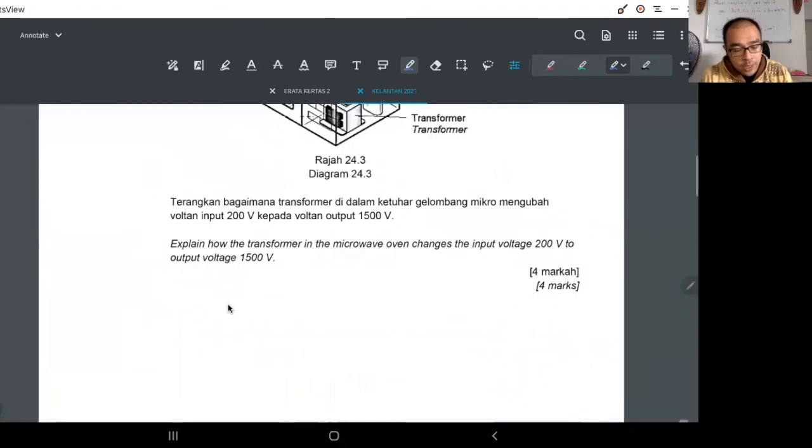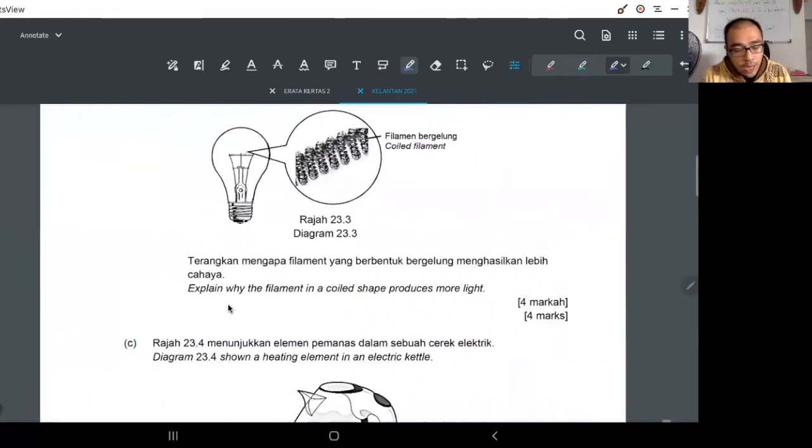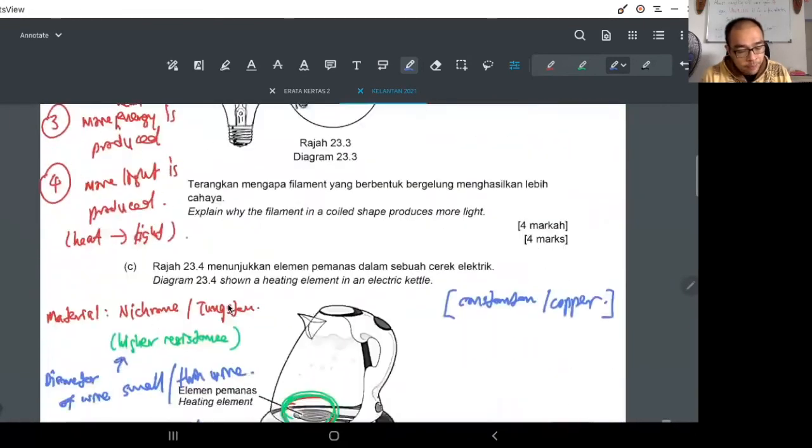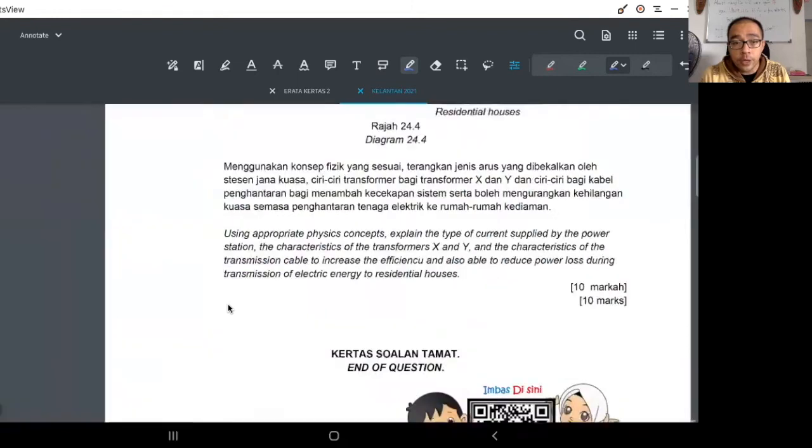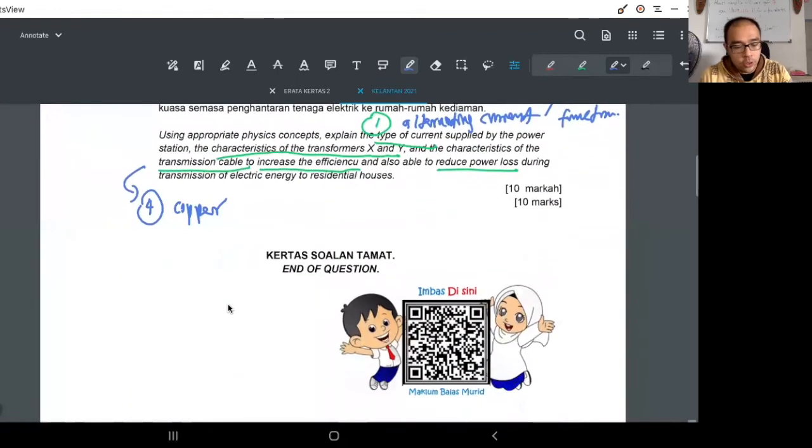Remember the heat one I did just now? I said if you want high resistance, you use nickel and tungsten. But if you want low resistance, you use copper wire. So one of these is to use copper wire to decrease resistance, because when you decrease the resistance, you also reduce the power loss.